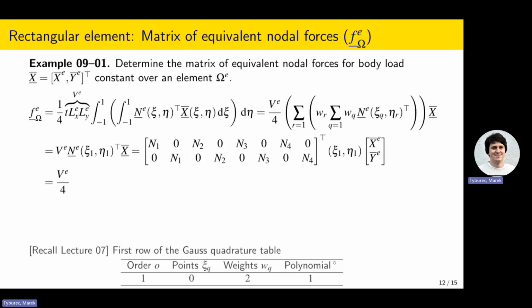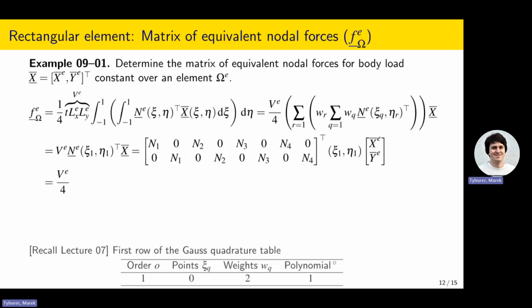And we have a sum over the points. Whatever number of points you want to have, in our case, it's 1. In 2 dimensions, it essentially means that we need to do an outer loop over this.